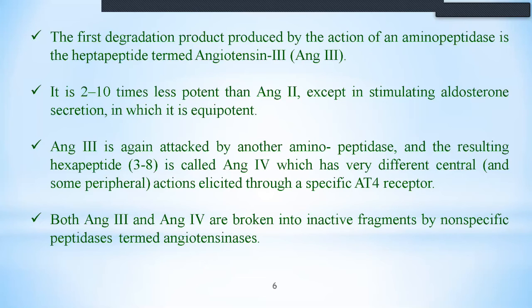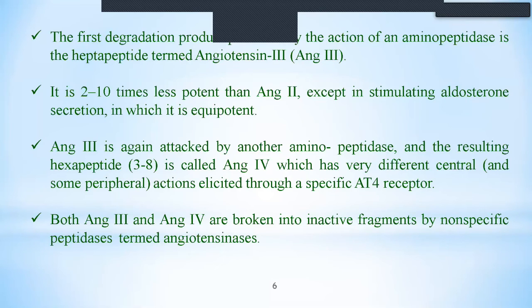Angiotensin 2 is attacked by another aminopeptidase, resulting in a hexapeptide called angiotensin 4. Angiotensin 4 has very different central and peripheral actions, elicited through specific AT4 type receptors.